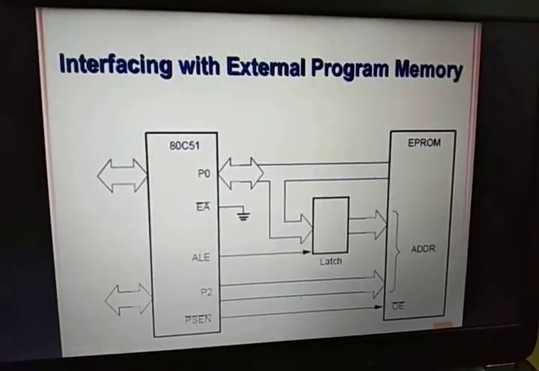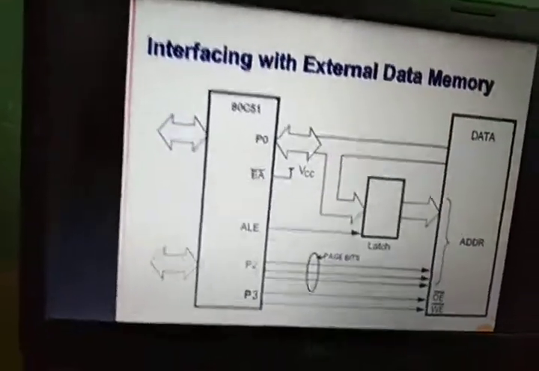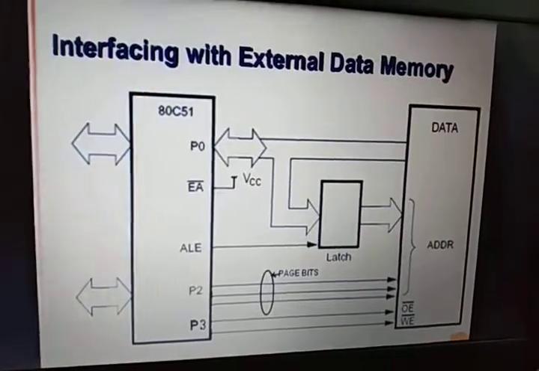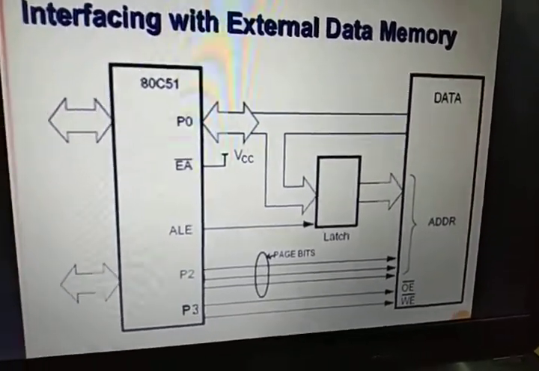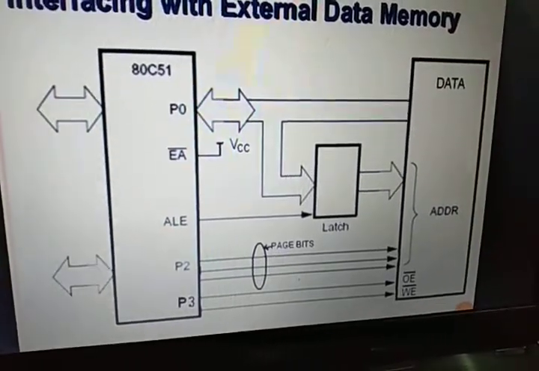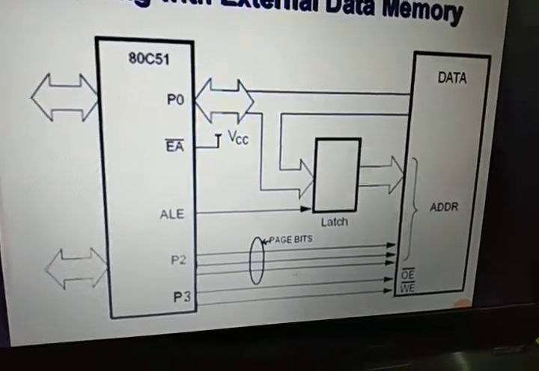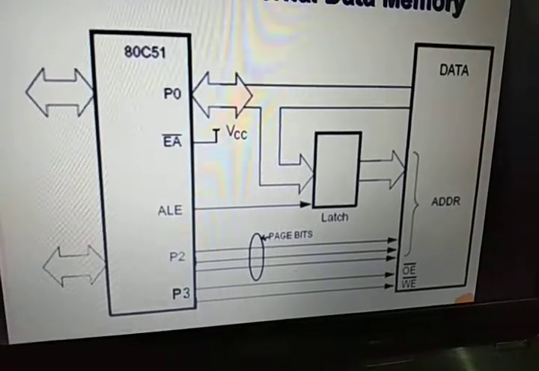Whereas the RAM memory is used for storing the data. It supports both the read operation and the write operation. Here the read operation is given by the output enable OE signal, and the write operation by WE, write enable.